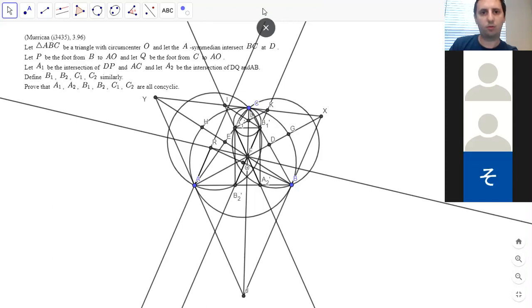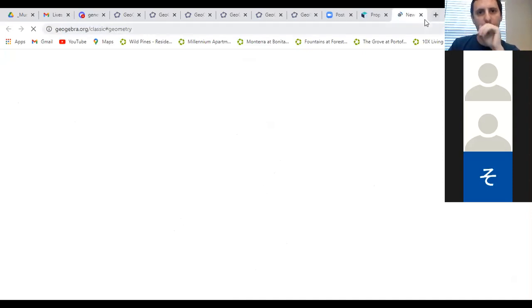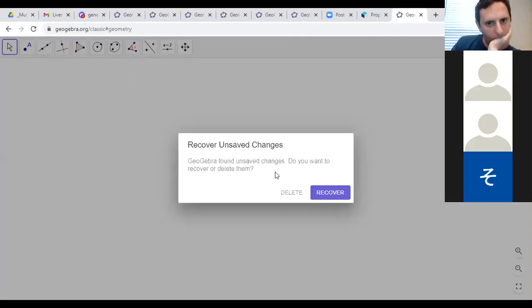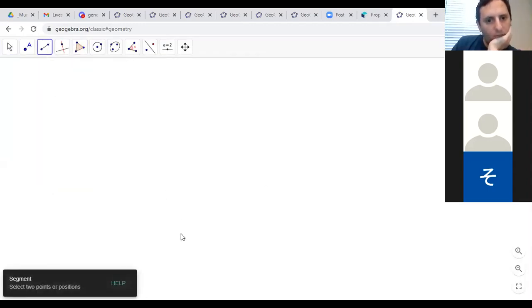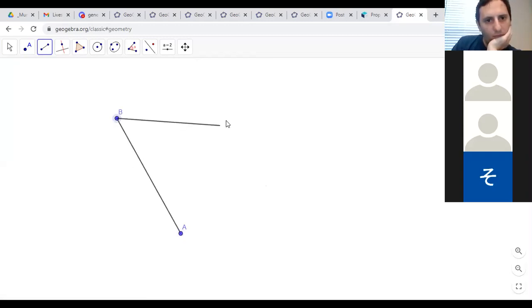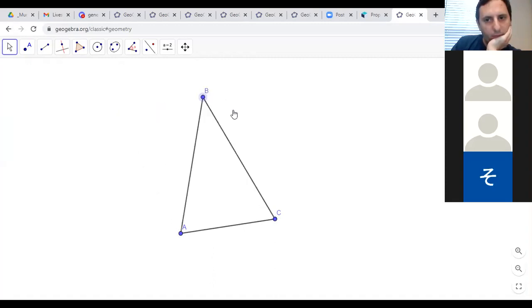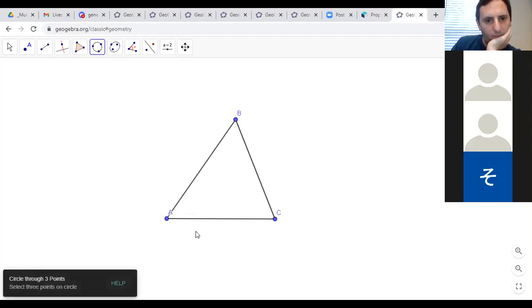So, okay. So D is, I'll draw it like this. So from B and C to AO. All right. Can you make A on the top?